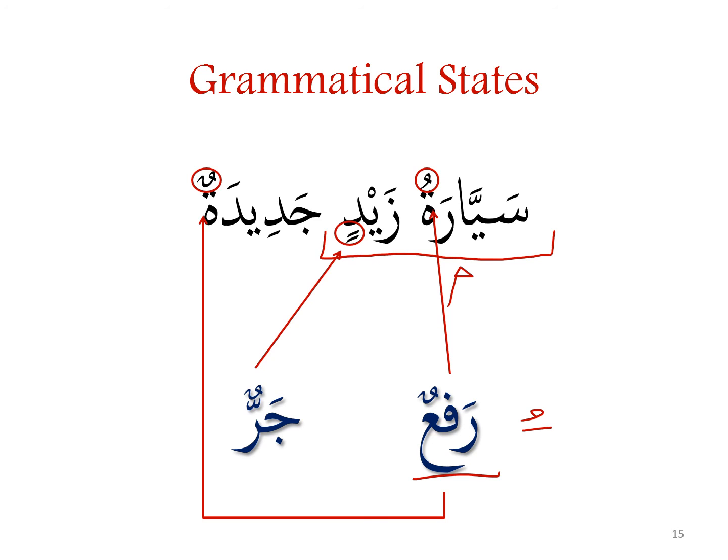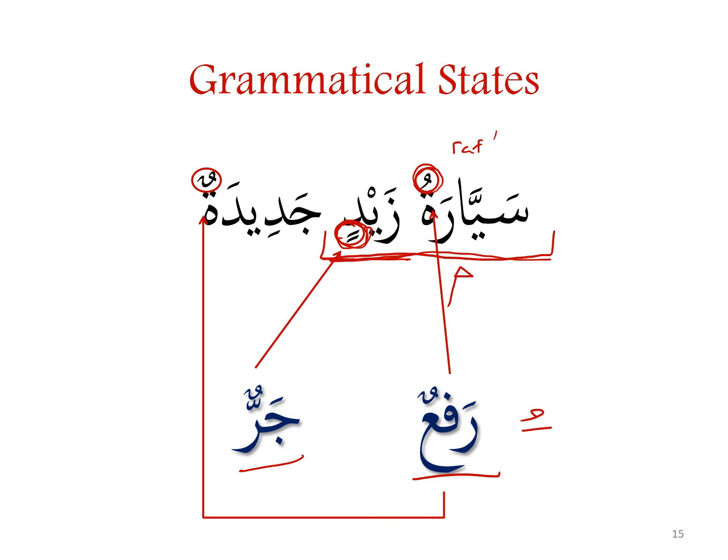So the first word of this idafa phrase, sayyaratu, needs to end with a dhamma to reflect that state of raf'. However, the second word of this phrase, we've learnt that in an idafa phrase, the second word ends with a kasra. So because it's showing a kasra here, that's reflecting the state of jar in that word.